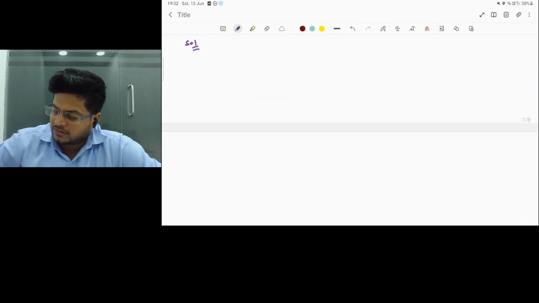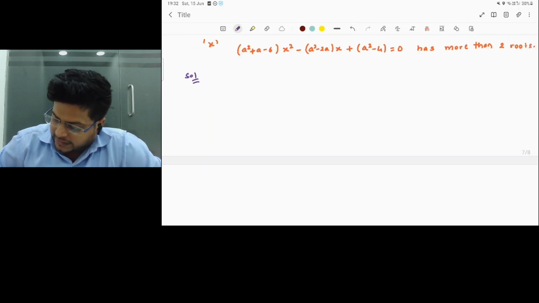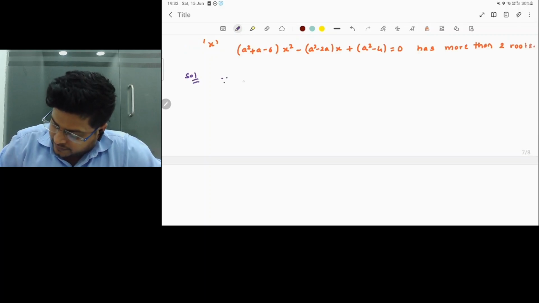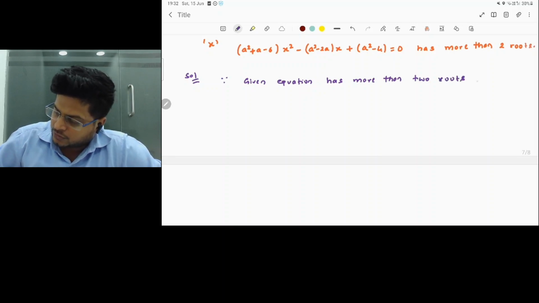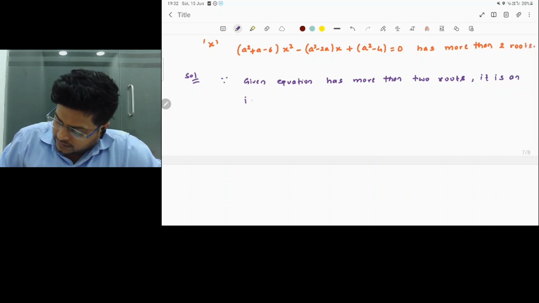Since the given equation has more than 2 roots, it is an identity.